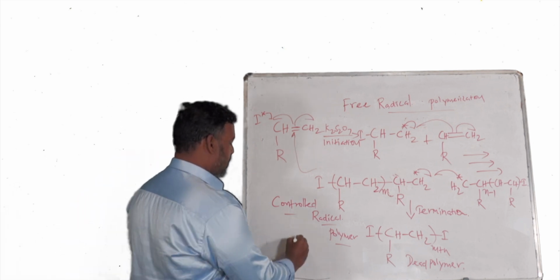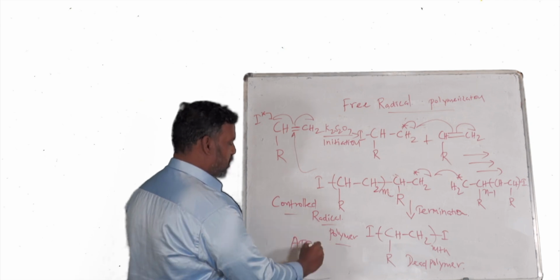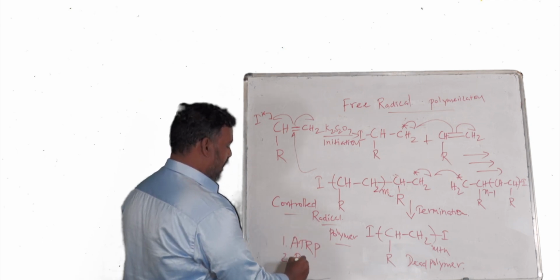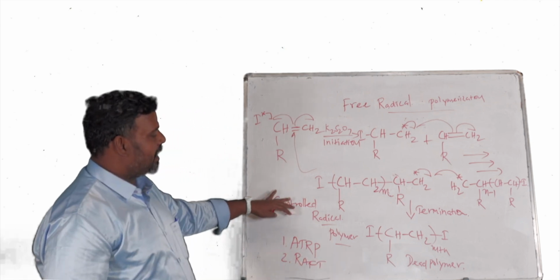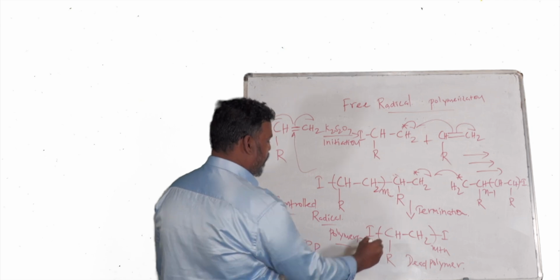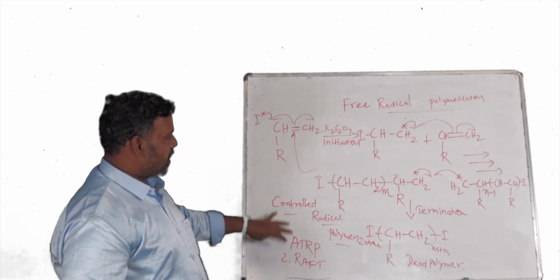What are the other techniques that help us control the molecular weight? That is called ATRP. The other one is called RAFT. We call them controlled radical polymerization. You can prepare polymers with a predetermined size and shape. You can read about it as an example.